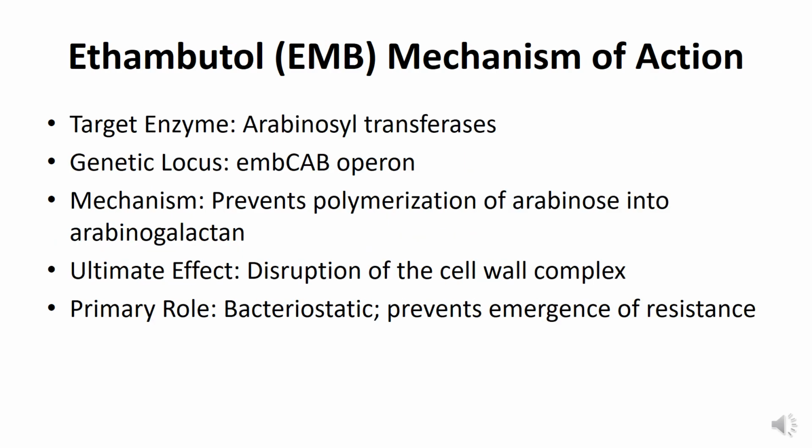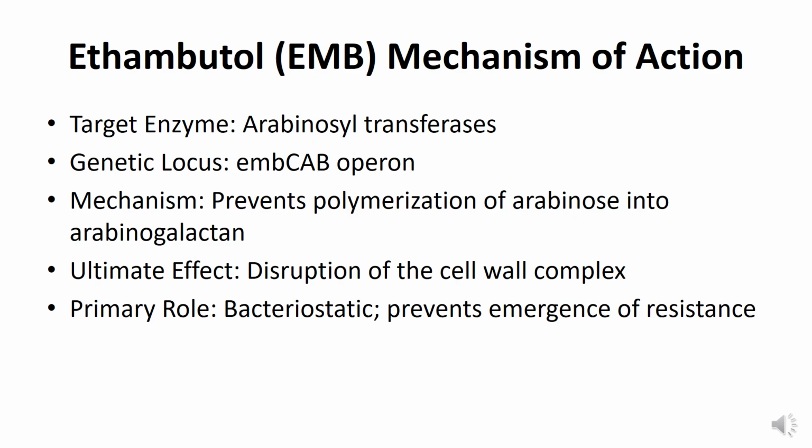often abbreviated as EMB. Ethambutol is an important member of the first-line anti-tuberculosis treatment regimen. While it may not receive as much attention as Isoniazid or Rifampicin, it plays a crucial role in successful tuberculosis therapy. Its primary function is to weaken the bacterial cell wall and help prevent the development of drug resistance.